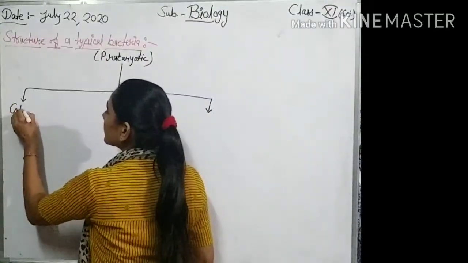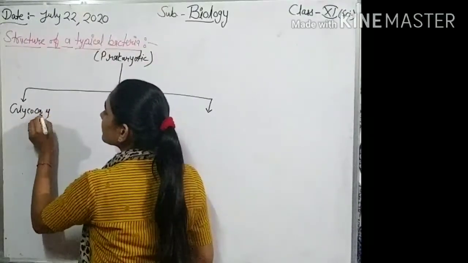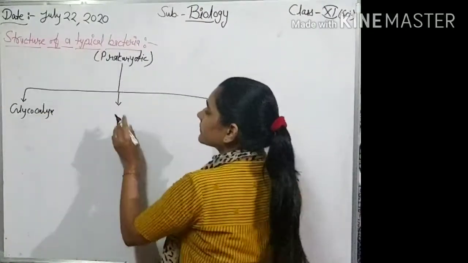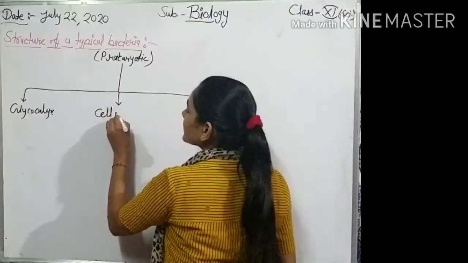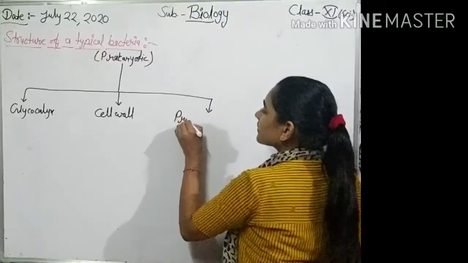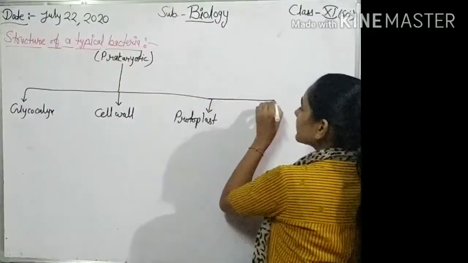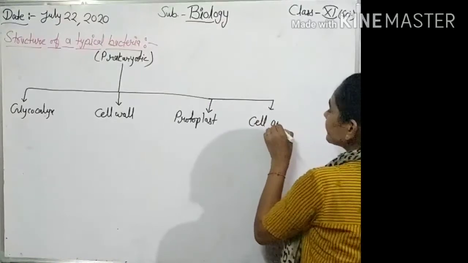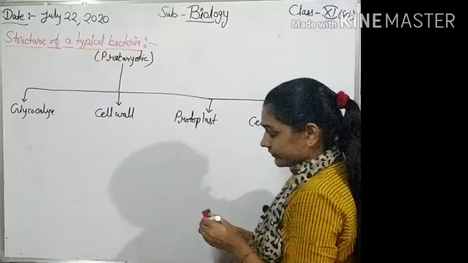First, glycocalyx, cell wall, protoplast, and cell appendages.